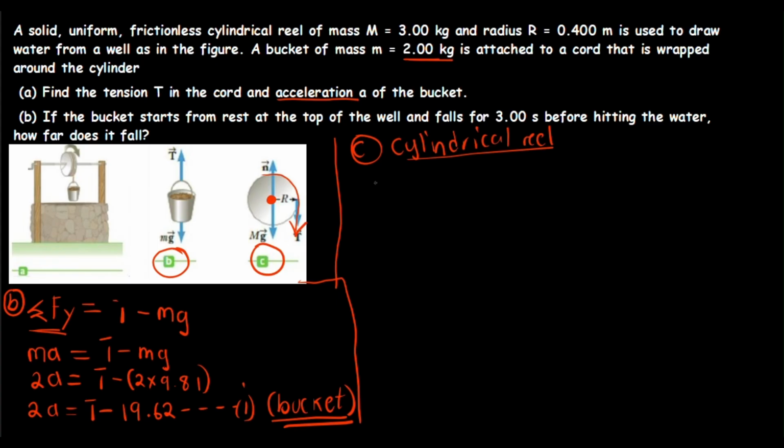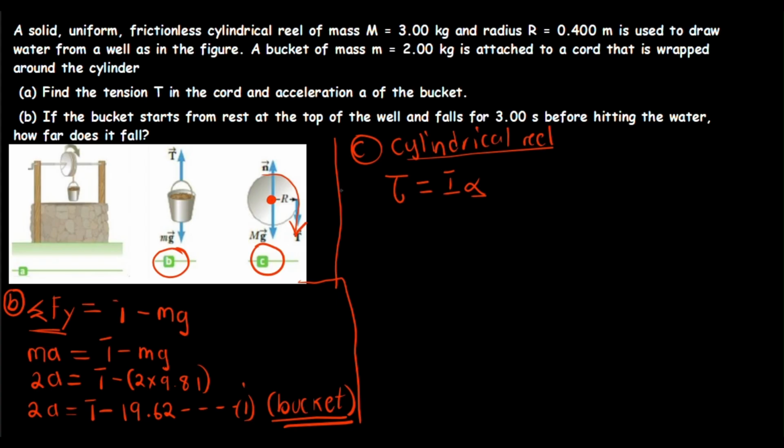Since we are also looking at the acceleration, torque is equal to moment of inertia times the angular acceleration. Why did I put the angular acceleration? Because we are looking for the acceleration in the question.